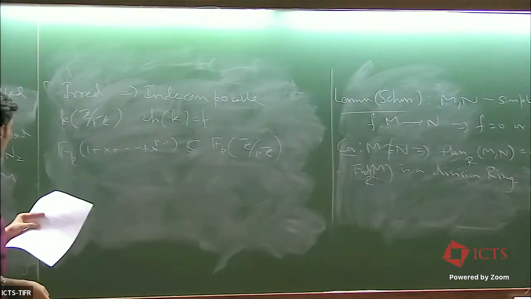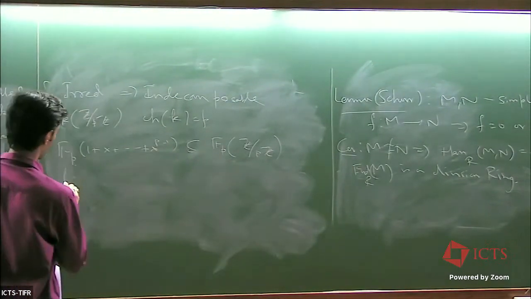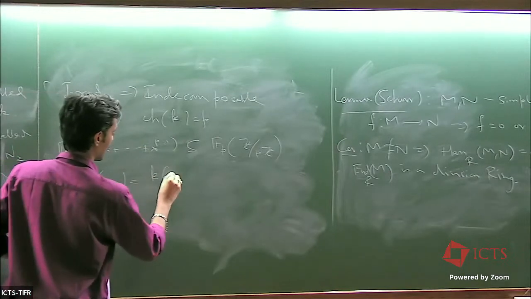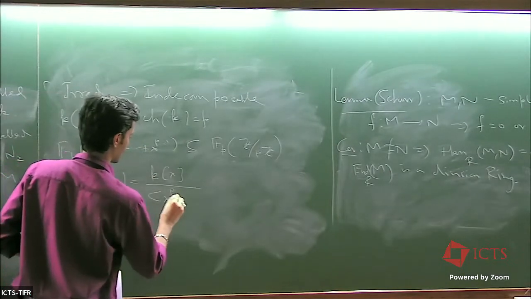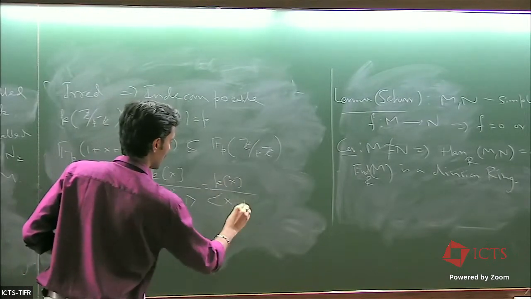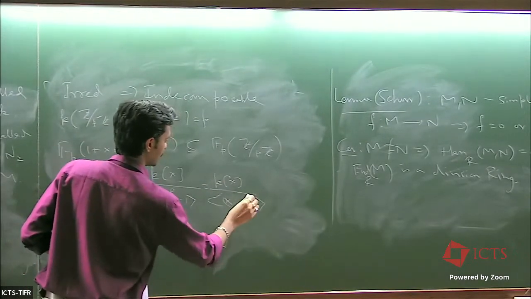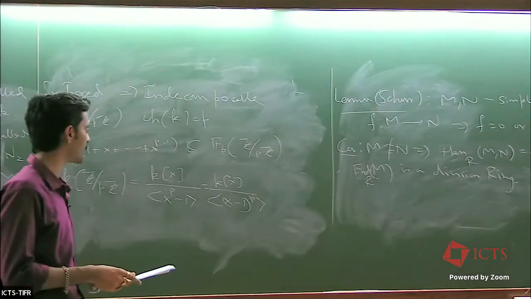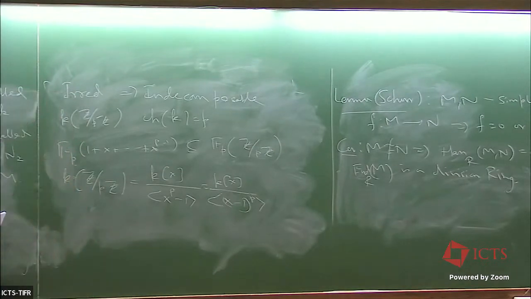However, one can check from the description that K[Z mod pZ] is K[x] mod x to the power p minus 1, which in characteristic p will look like K[x] mod (x minus 1) to the power p, and this is indecomposable. That is because if you write it as a sum of two submodules, which are ideals in this case, then from the structure theorem it will look like f(x)K[x] mod (x minus 1)^p direct sum g(x)K[x] mod (x minus 1)^p.